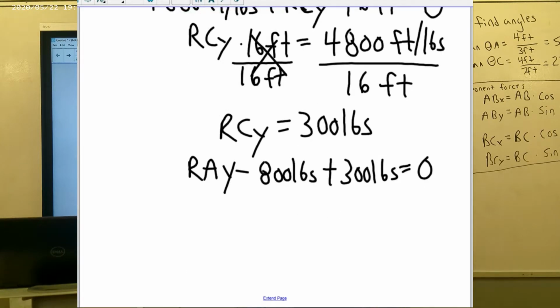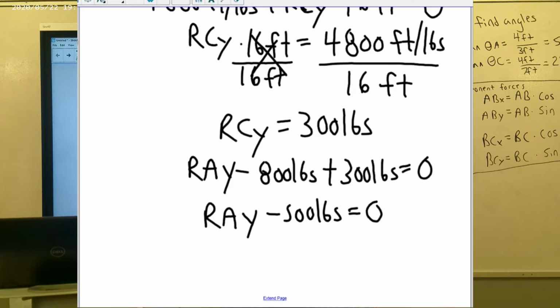So the first thing I'm going to do is get rid of my negative by adding 800 pounds to both sides of the equation. Or I could also combine my terms. Maybe that would make more sense. And I can say negative 800 plus 300. So we have reaction force AY minus 500 pounds equals 0.